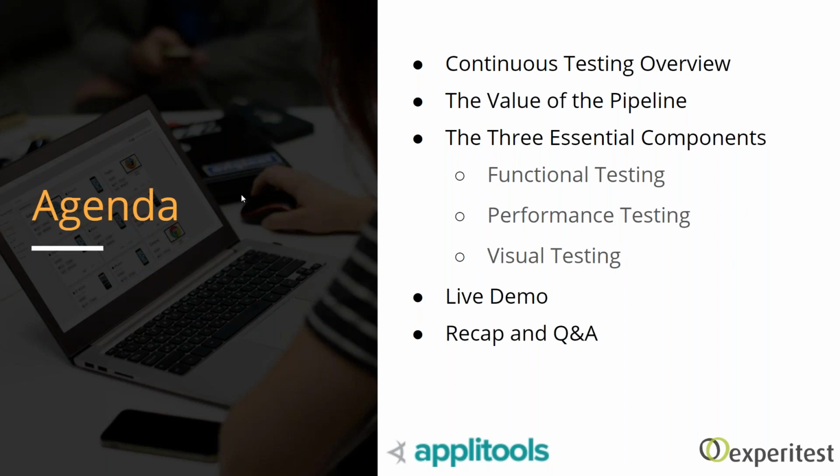Then visual testing, how to add visual testing and what it can simplify in your functional testing. Then we are going to have a live demo, and we will close with a recap and Q&A. So without further ado, let's get started.